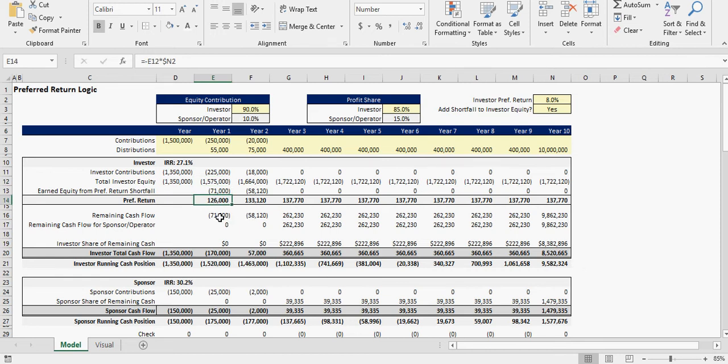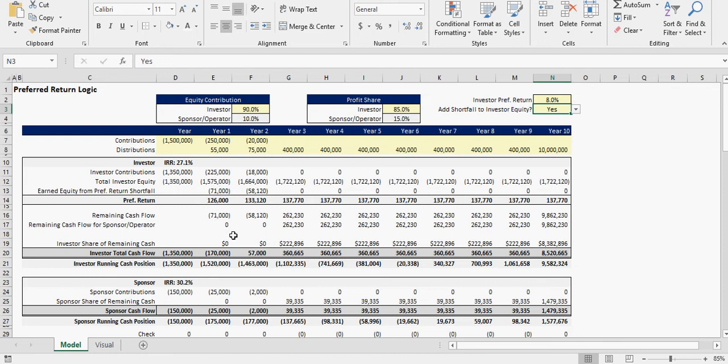Well, that is short. There's only 55,000 to distribute, but the preferred return is 126,000. So what do you do in this case? I have put in an option here where you can put yes or no to add that shortfall to the investor's equity amount.